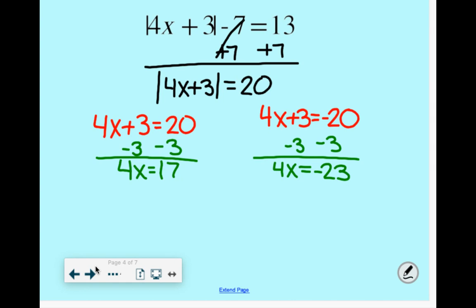Because now all I need to do, this is 4 times x, so we want to divide by 4. And 17 divided by 4 is either 17 fourths or 4.25, if you did it in the calculator.